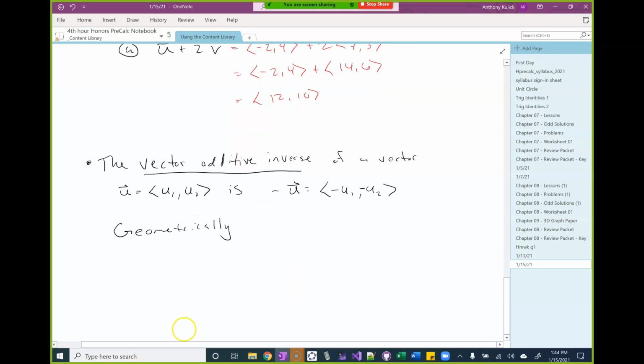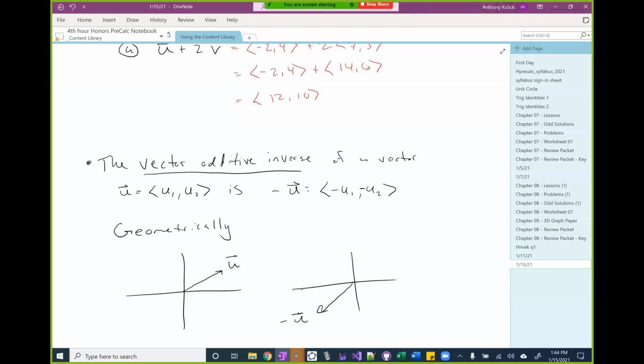So geometrically, if this is u, that's negative u. The vector's the same length, it's just going in the opposite direction, right? Everybody feel okay on that idea? Fairly straightforward, right? Hopefully that's not much of a surprise.